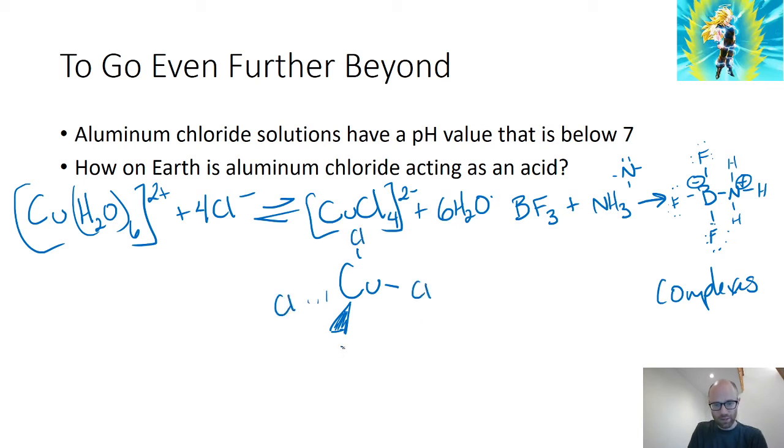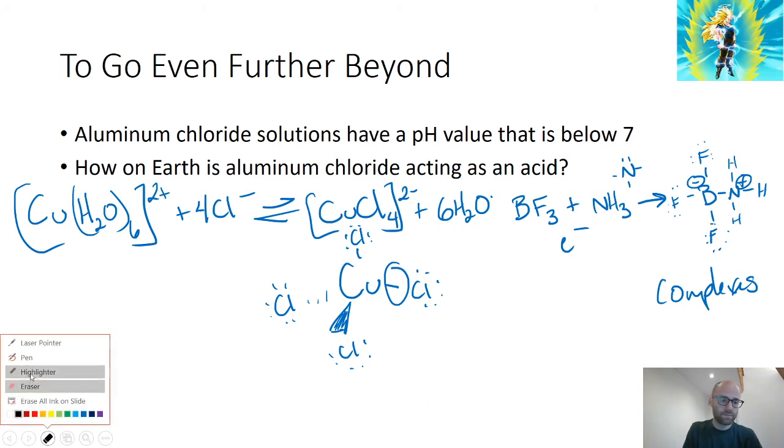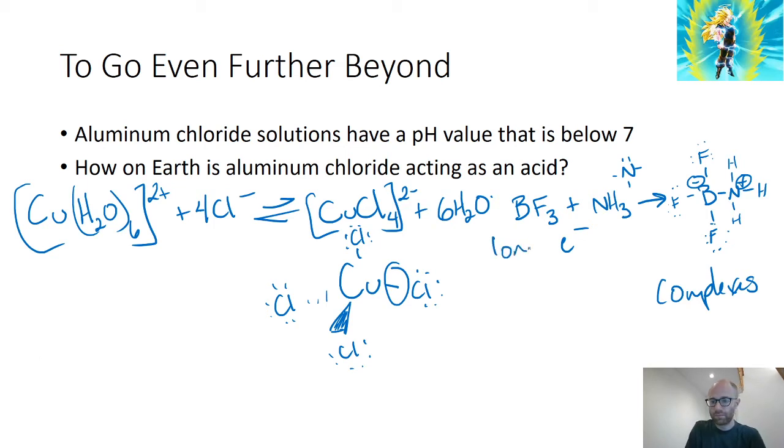But this chloride complex is actually showing that one of the lone pairs of the chloride has donated into one of the orbitals of the copper. If you count up the electrons, it all pans out. But what happened is lone electrons become shared electrons.